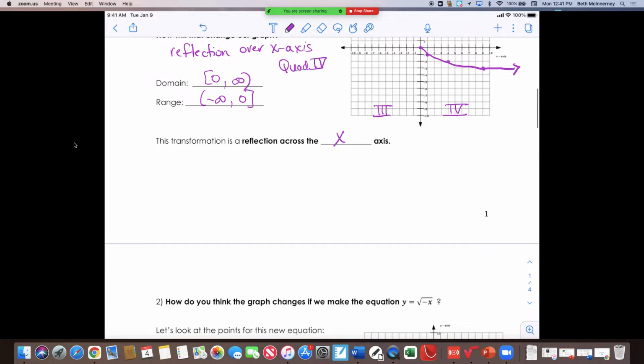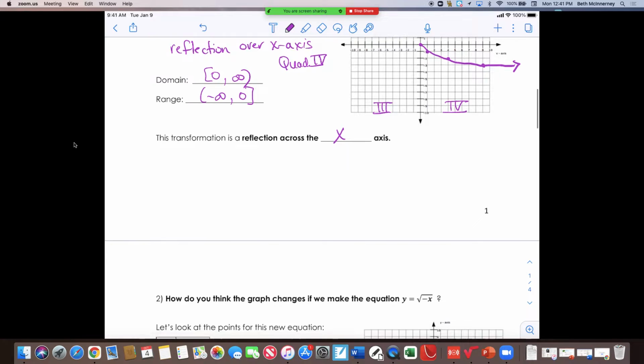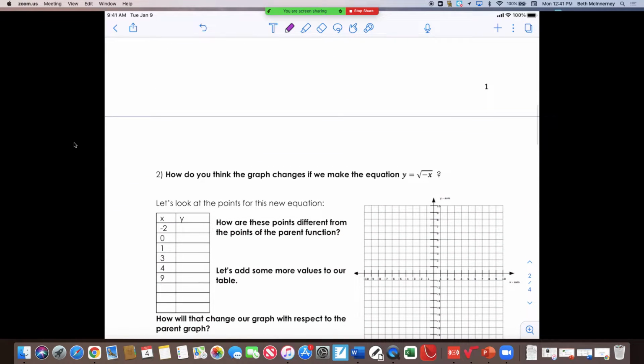Now what if, instead of the negative being in front of the function, the negative is inside with the x? So let's play here a moment. When I plug in, this becomes y equals the square root of negative 2.